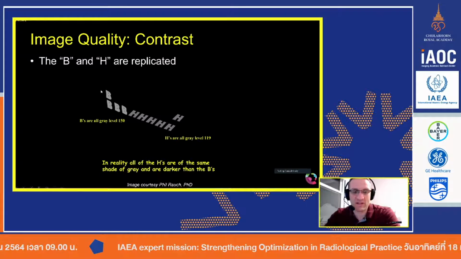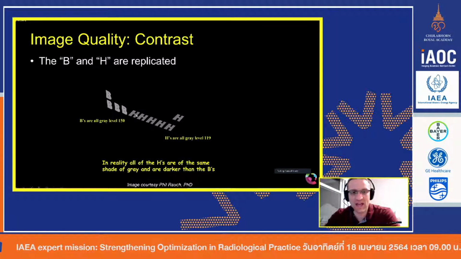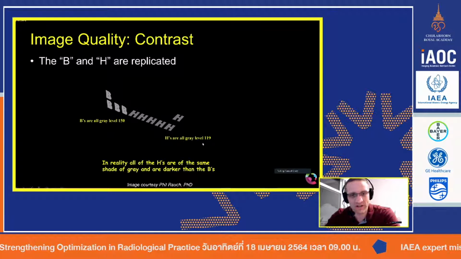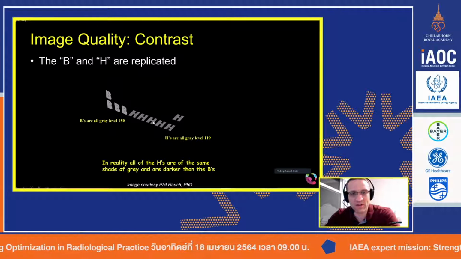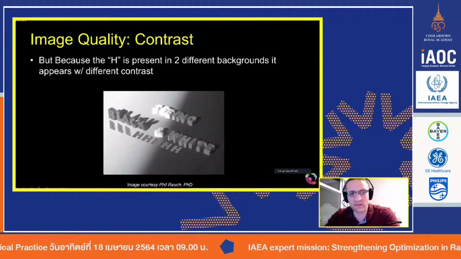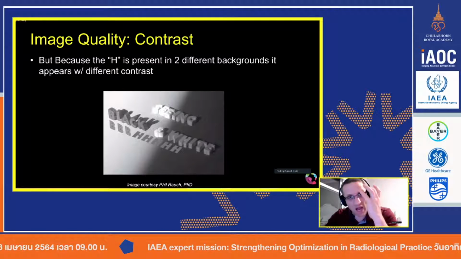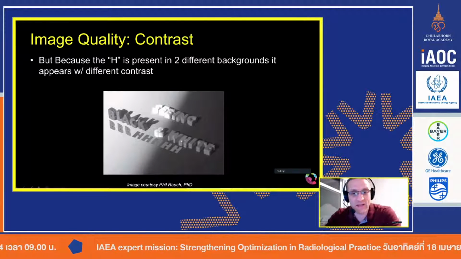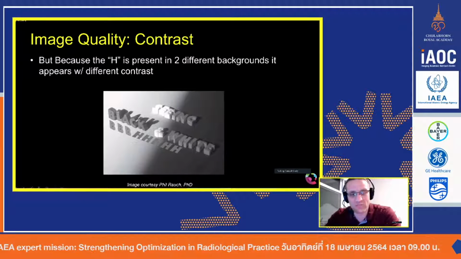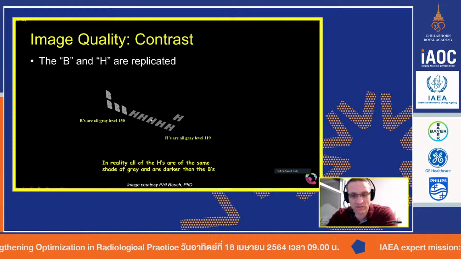The reality is, as you can probably guess, the B's are the same and the H's are the same, albeit slightly different, but they are the same. So when I project them into different backgrounds, the contrast to our eyes changes. H looks brighter or lighter here than it does here. It's not true. The H is the actual same.